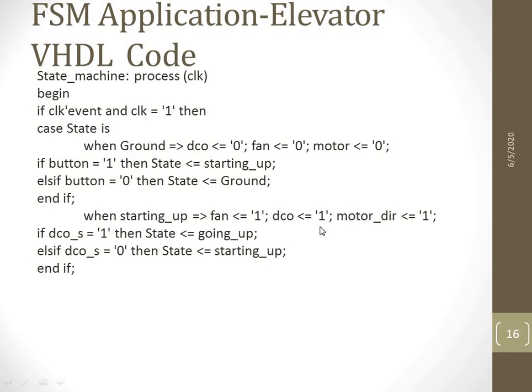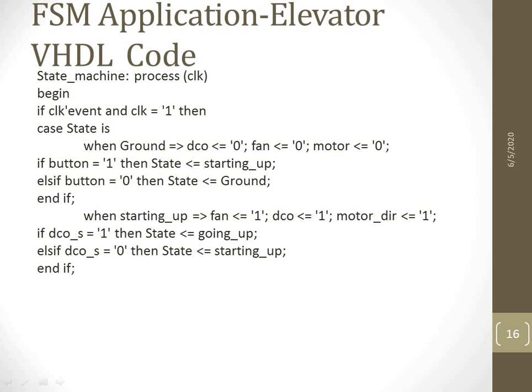Door close is 1, that means I am making the door close. Motor direction should be 1. If the door close switch is 1, then it should start going up, so it moves on to the next state, going up. If not, it will stay in the starting up state itself.